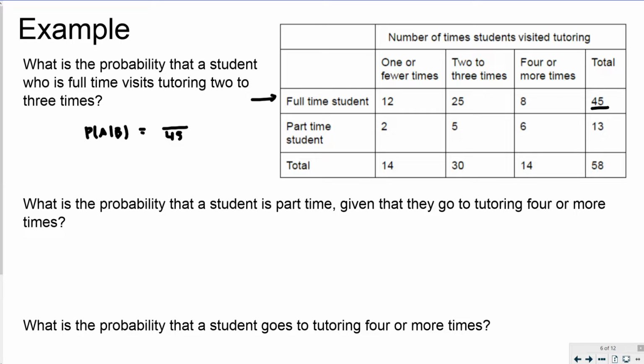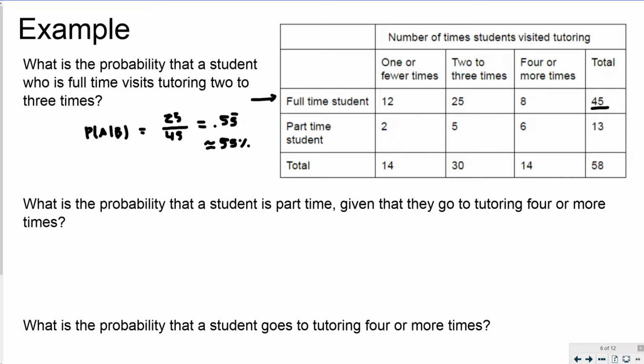Then we look at 2 to 3 times, so it is 25 out of 45. If we type that into our calculator, we get 0.55, which is approximately 55%. It continues 0.55555 repeating.